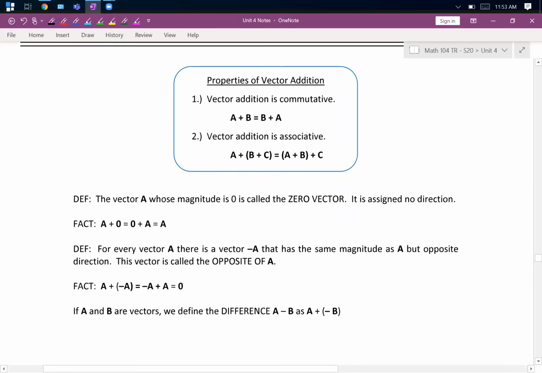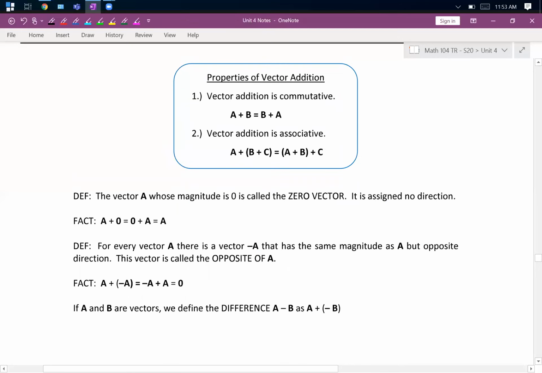All right, so we've got some properties of vectors. First off, vector addition is commutative and associative. So we can flip-flop the order, or we can group the addition however we like.